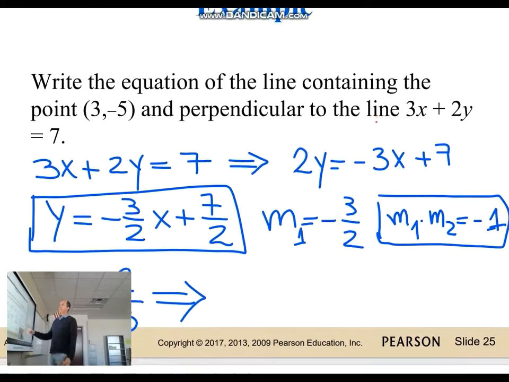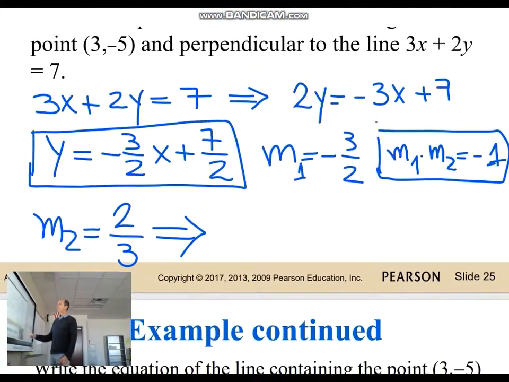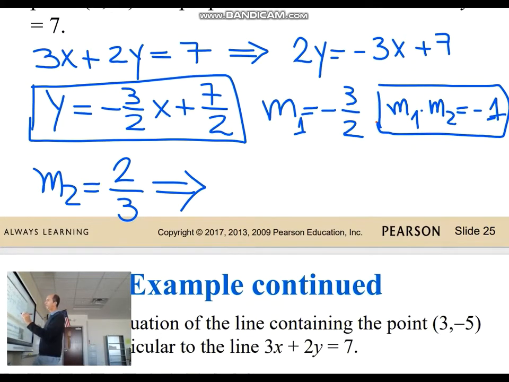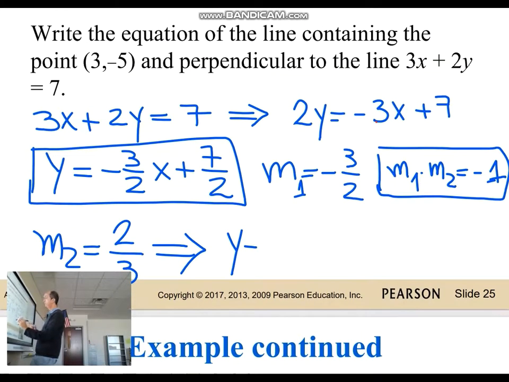The line containing the point 3, negative 5, you will find by applying y minus y1, negative 5, equals 2 over 3 times x minus 3.